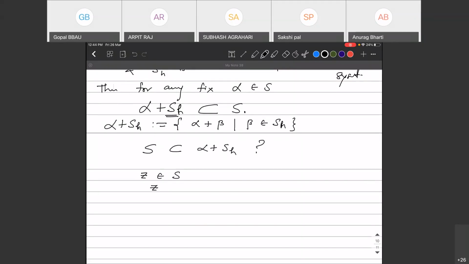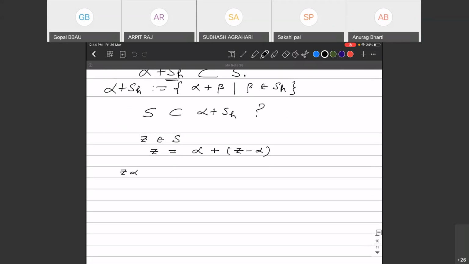So what you do is, z equal to अल्फा लो और साथ में प्लस z माइनस अल्फा करो, ठीक है? Okay, so z will be alpha plus z minus alpha. So let's see whether z minus alpha belongs to SH or not. क्या z minus alpha homogeneous system का solution होगा?